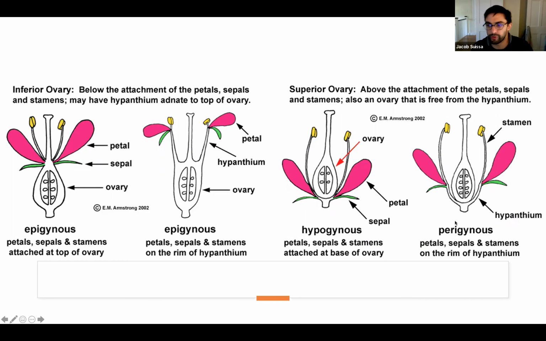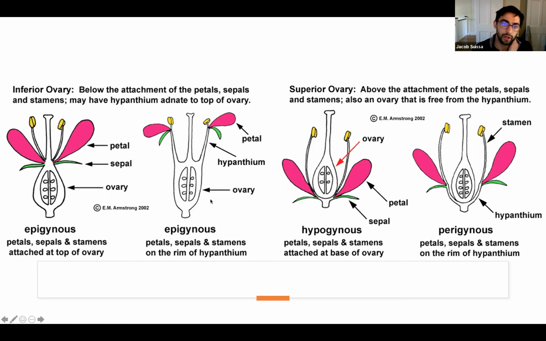And then perigynous. So the names for these different things going on with the flower have to do with A, the position, and B, what's going on with the other floral organs. So if we have a superior ovary, but we have fusion of all of the other floral parts into what's termed a hypanthium, which I'll talk about in a bit, it's called perigynous.